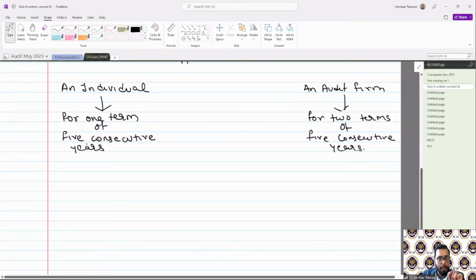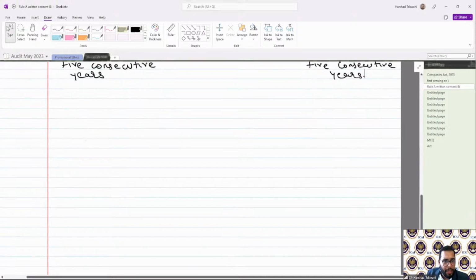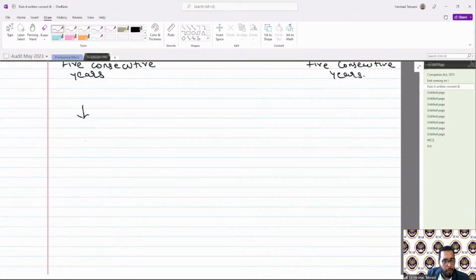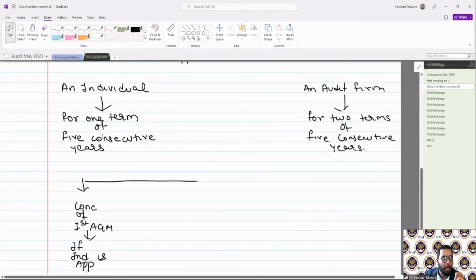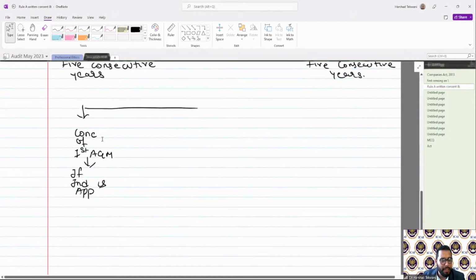That means if an individual is appointed, let's say for example, at the conclusion of the first AGM, then he cannot be appointed for a term of more than 5 consecutive years. Till 5 consecutive years it is fine; above 5 consecutive years, not fine.